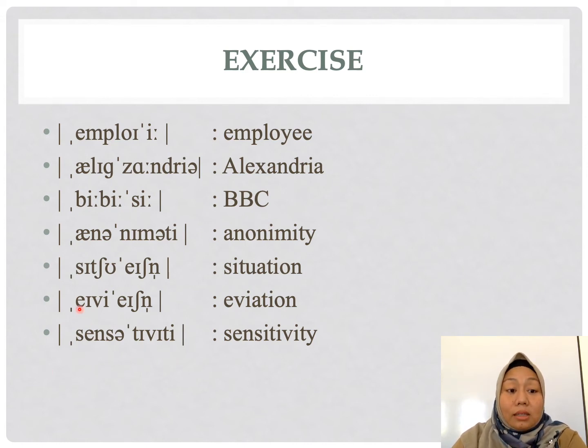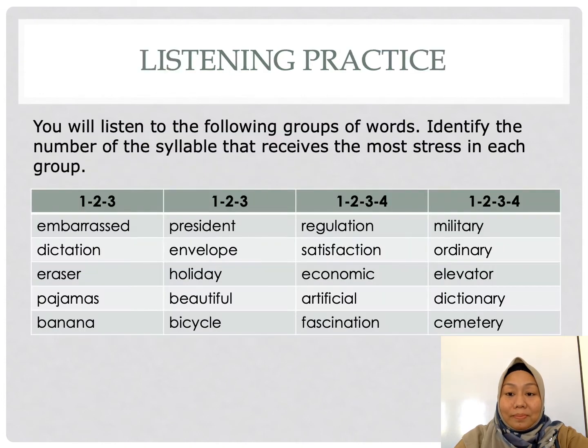Sensitivity. See, this one has a stress also, but the primary stress is in the T. Sensitivity. So these are some of the examples of how you pronounce the words.